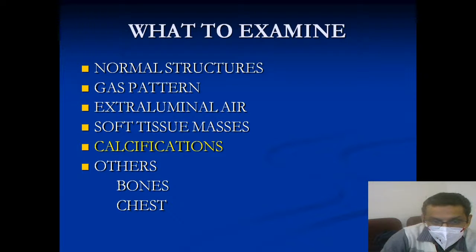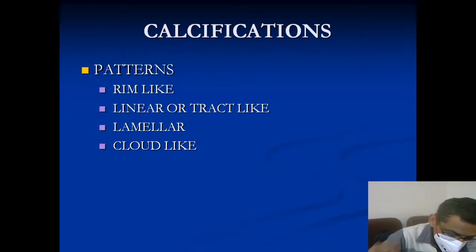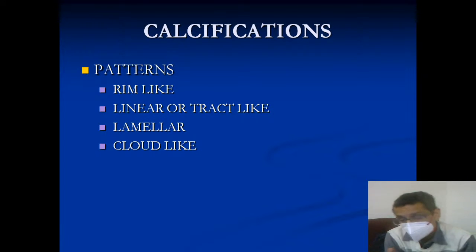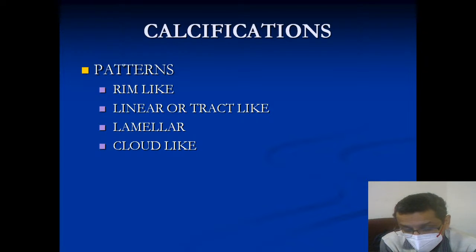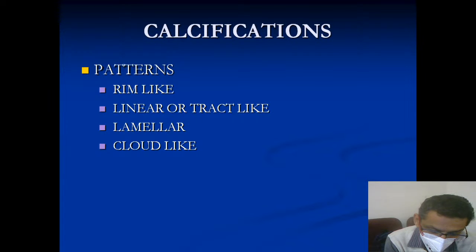Okay. Now let's look at calcification. What is calcification? You know, deposition of calcium on some structures is calcification. Calcification will also be seen as a different opacity on any X-ray, chest X-ray, peripheral X-ray, abdominal X-ray, slightly more dense than the soft tissue density, maybe not as dense as the metallic density.